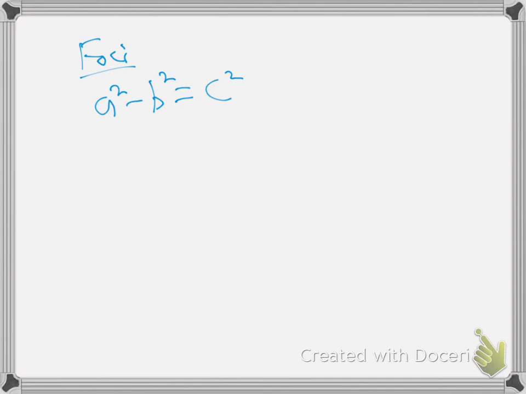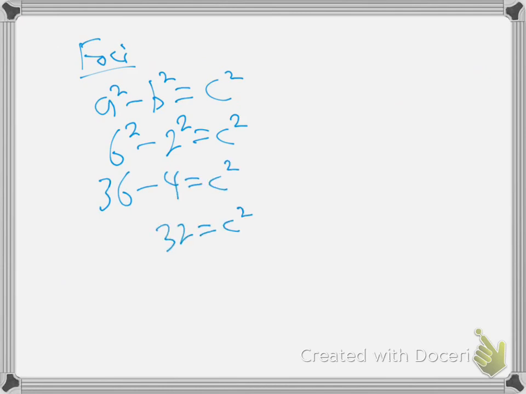So it's going to be 6 squared minus 2 squared is C squared. Like that. So that's 36 minus 4. That's 32. How do you solve for C there? Root it, plus or minus. And how do you simplify the square root of 32?